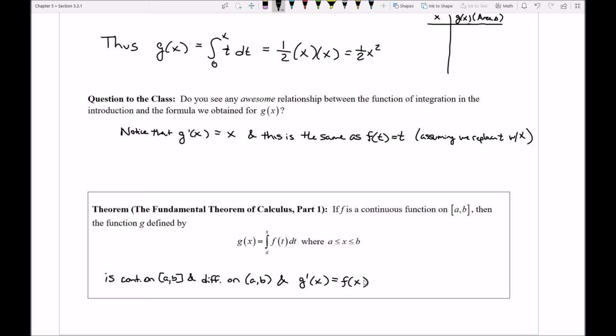This right here is the final derivative rule of Calc 1. It says when I want to take the derivative of an integral function, essentially I can take this upper bound of x, drop it in place of the value of t, and then effectively erase everything else and just be left with f of x.